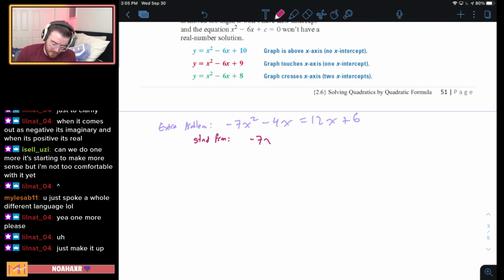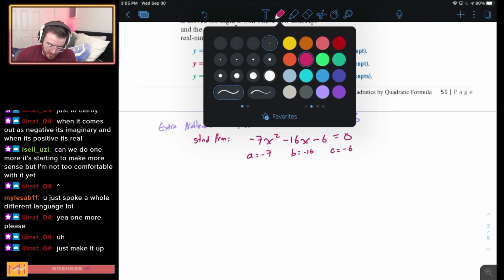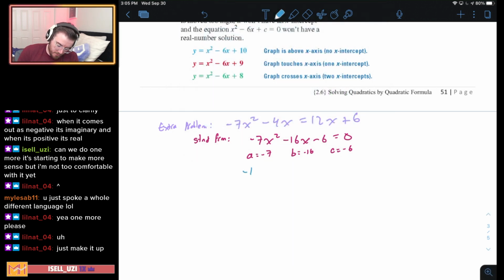So negative 7x squared. Subtract the 12x, you're going to get negative 16x. Subtract the 6, we're going to get negative 6. So we got a whole bunch of negatives. So A is negative 7, B is negative 16, C is negative 6. The equation is negative b plus or minus the square root of b squared minus 4ac all over 2a.